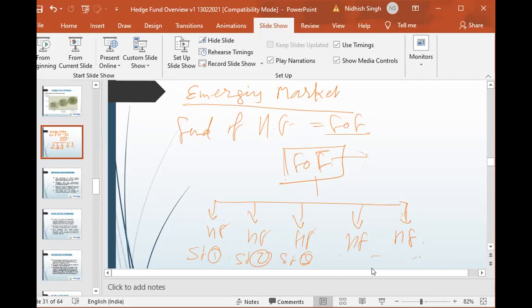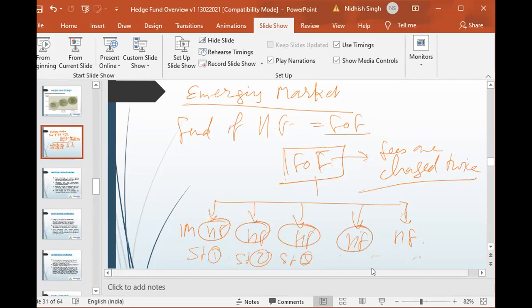Now, the problem with that is, again, in the short term, performance will not be very stellar. And one of the biggest disadvantages of this is that the fees are charged twice. Because there are different IMs. Correct. So one IM, because all of the portfolio of the fund are hedge funds themselves.